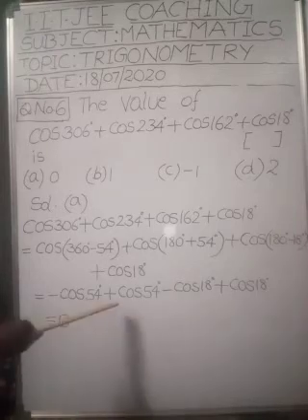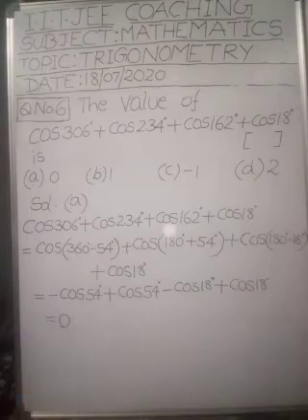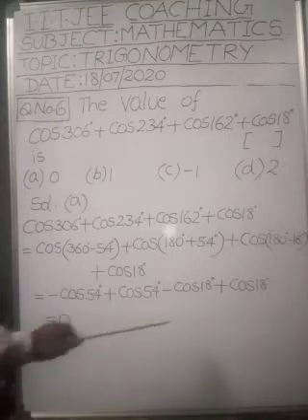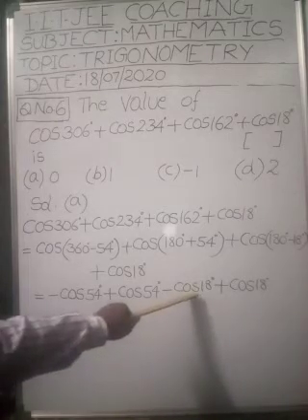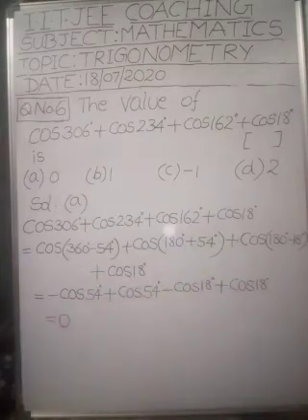Minus cos theta, so the expression becomes plus cos 54 degrees as written. Now come to the third term, cos of 180 degrees minus theta. What will you get? Minus cos theta. So minus cos 18 degrees. And write the fourth term as it is. Understood, my dear children? Right.